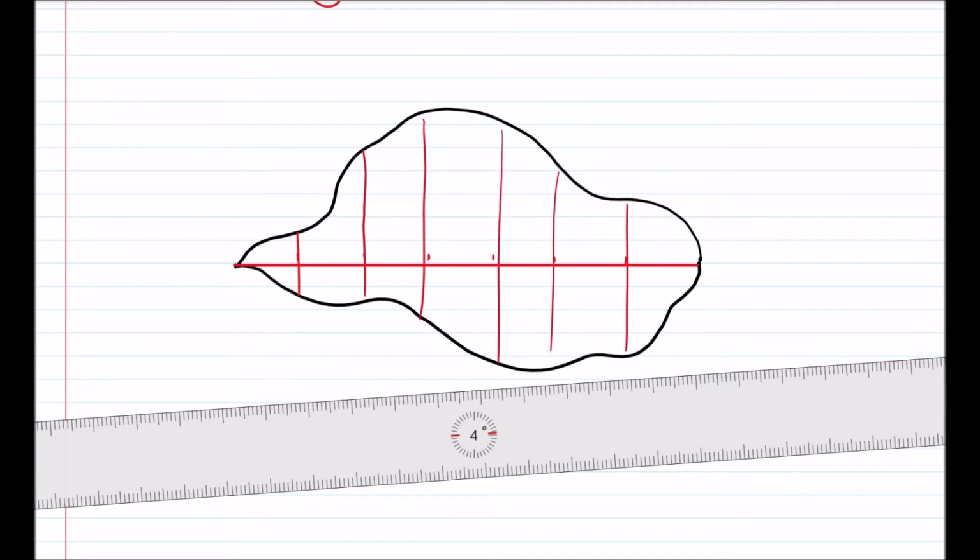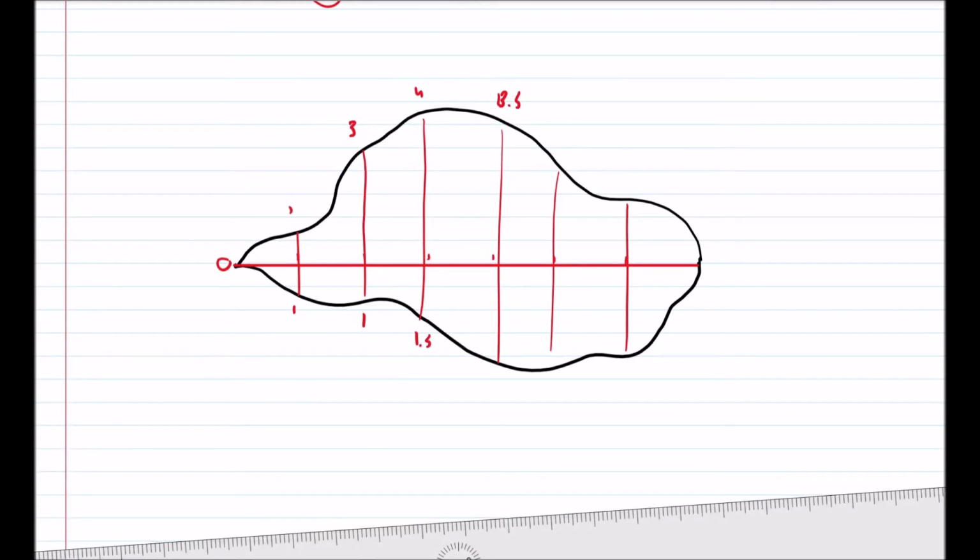So that's 0, and you'll measure your height. So there's 1. That's probably 1, 3, 1, is it 4, 1, 3.5. That's probably 1.5, and so on.